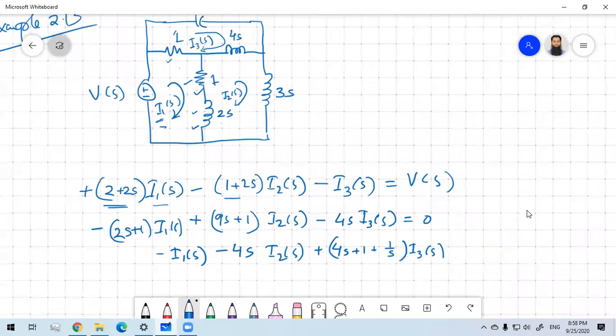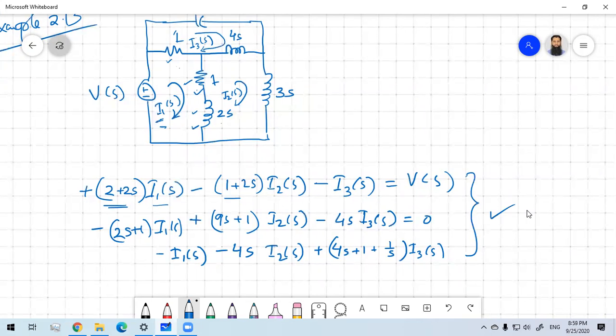Actually, the problem only asked you to write the equations, nothing else. So this is our answer, but as you have seen, things are not that complicated. The impedance of the loop multiplied by the corresponding current, plus the common impedance of the adjacent loop times the current of the adjacent loop, equals your voltage source.